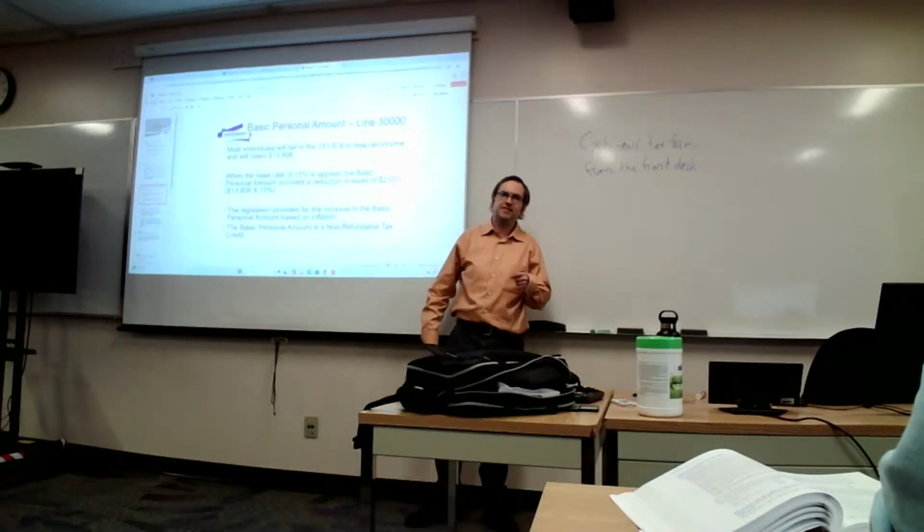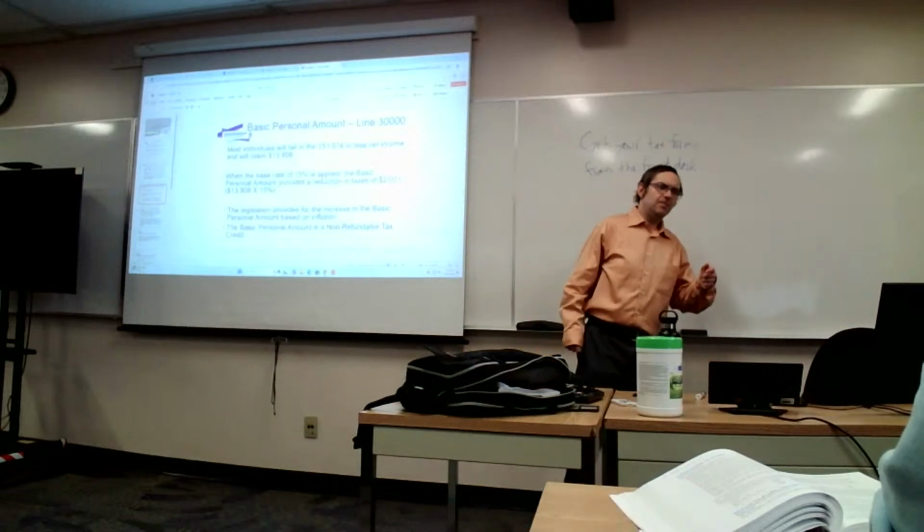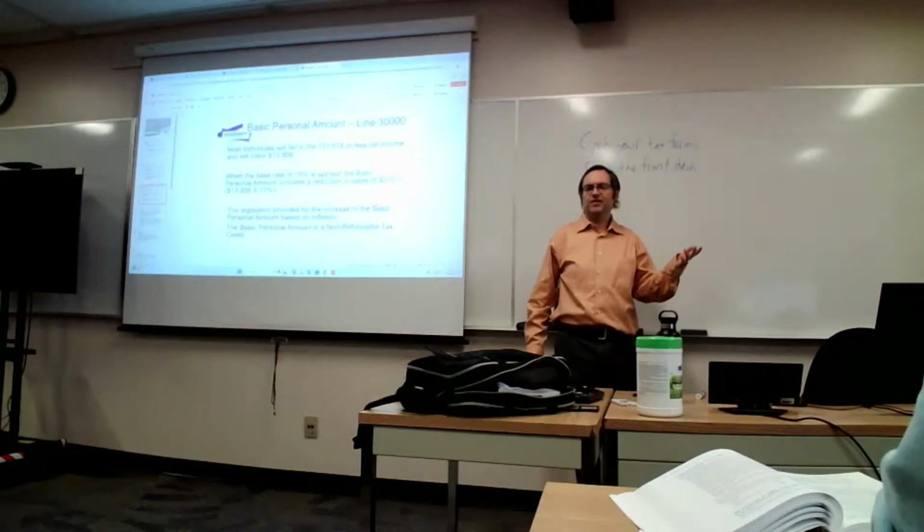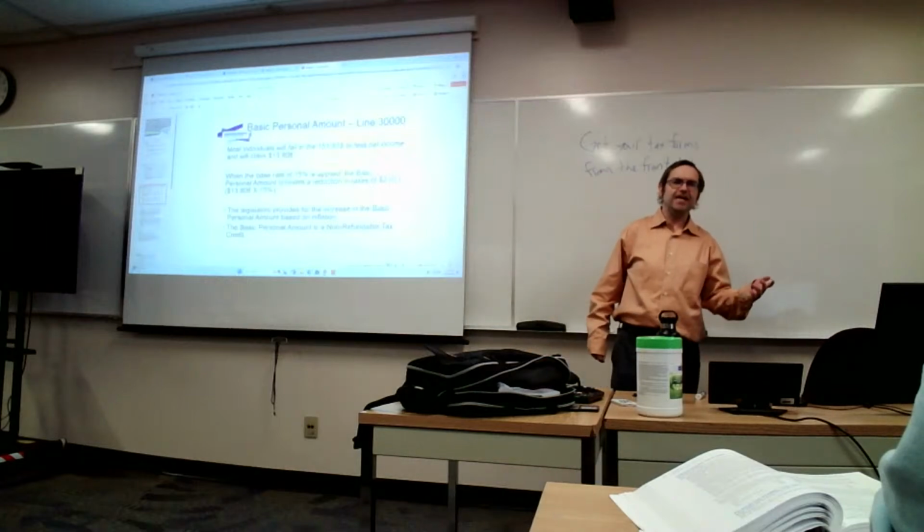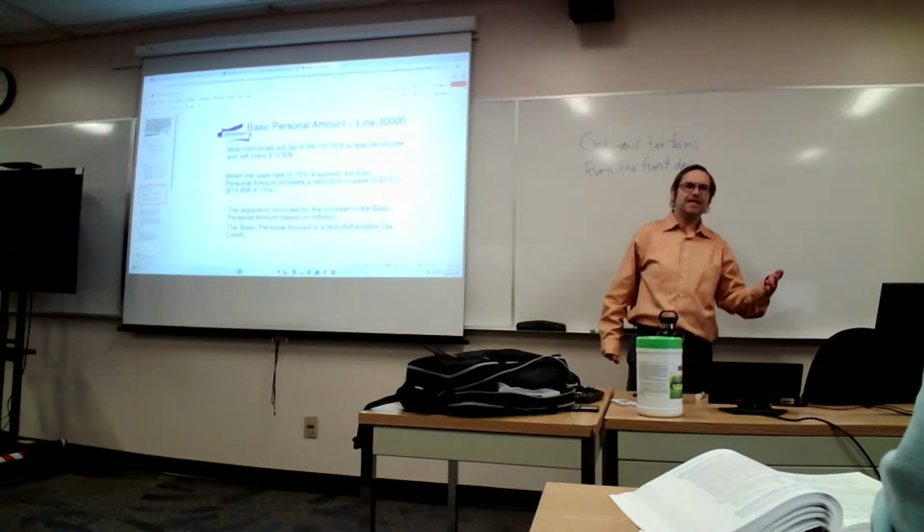So this personal tax amount is a non-refundable tax credit. Basically, that means if our income is, let's say, $10,000 for the year, like let's say we don't make anything, $10,000 is obviously less than $13,808.